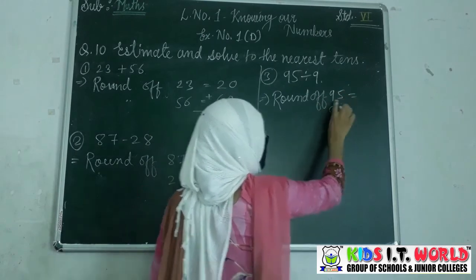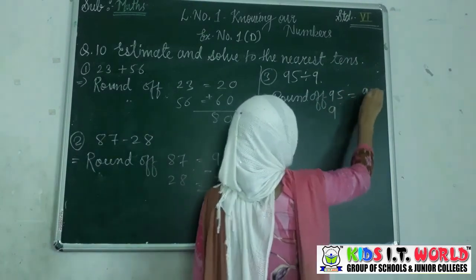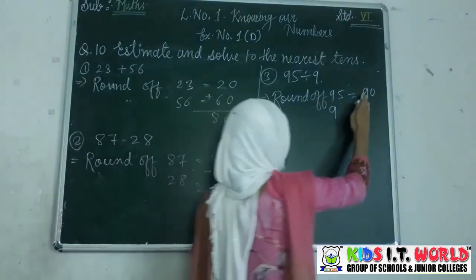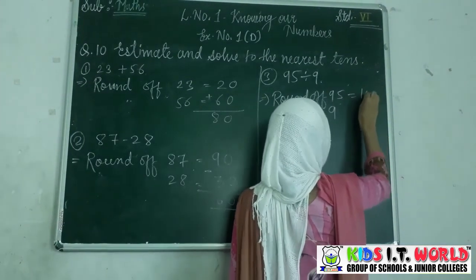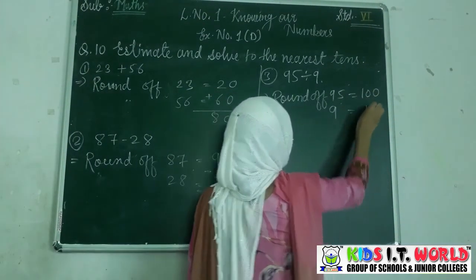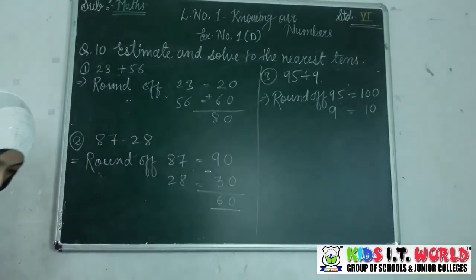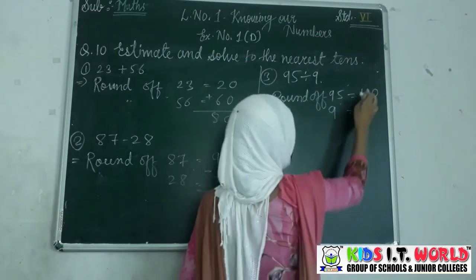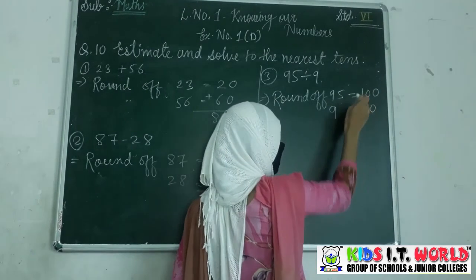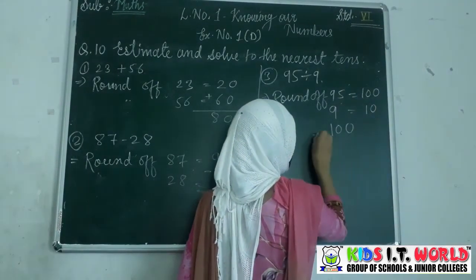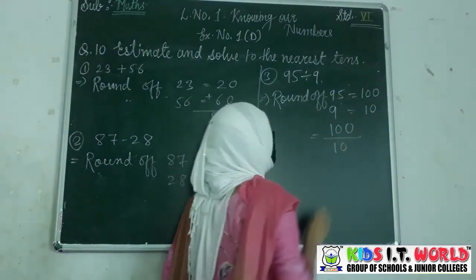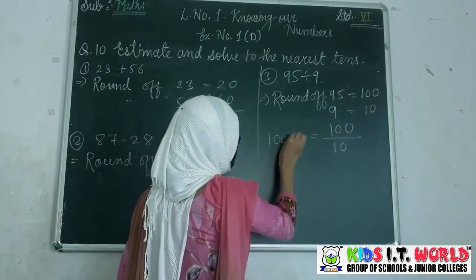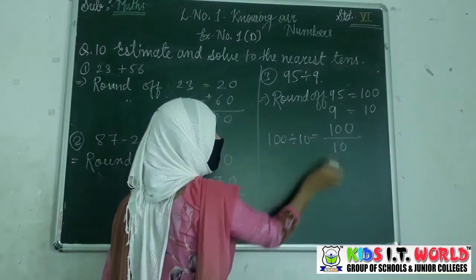The rounded value of 95 will be 9 or it will be 10 also, 100 also, it is correct, and its rounded value is 10. Now you will divide it. In the simple way, when you have values like tens and 100, you can easily divide. This is also a division form and this is also correct. These both are correct.